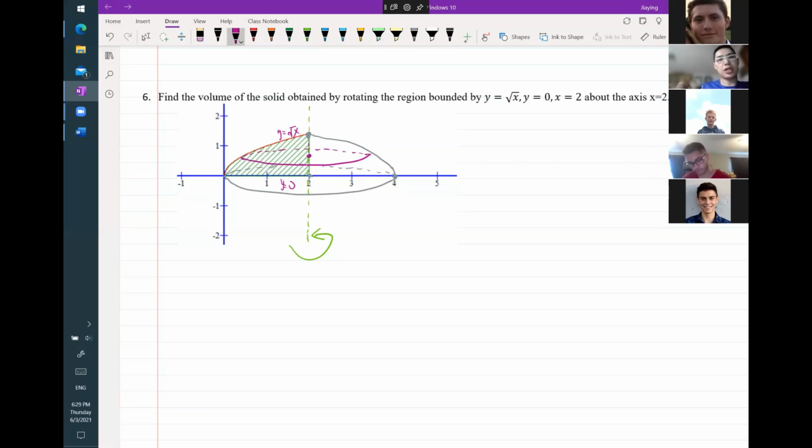That will be one slice horizontally. And if you want to add a little bit of thickness to that, that's the thickness. And because the slice is horizontal, that thickness is in the y direction. So the thickness is delta y.